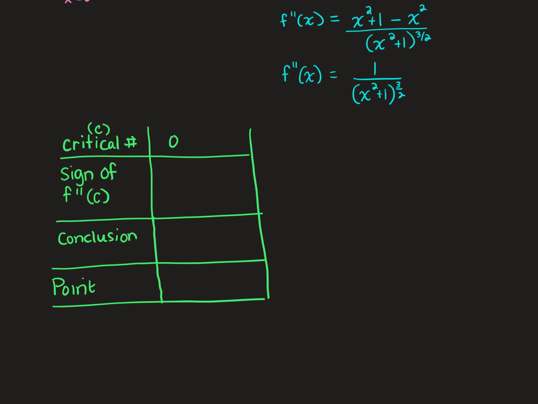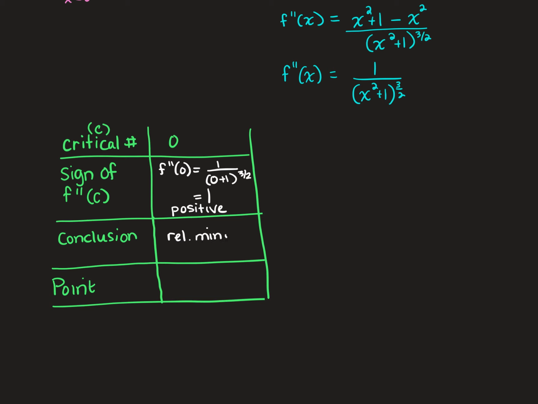So the sign of f double prime of 0, well, I have to plug in 0. So f double prime of 0 is going to be 1 over 0 plus 1 raised to the 3/2 power, and that's just going to be 1. That's a positive number. So what that tells me, since it's positive, is that we have a relative minimum happening right there.